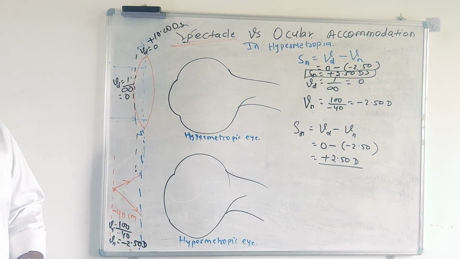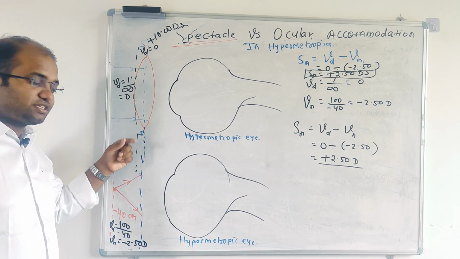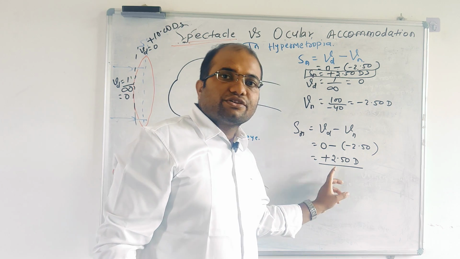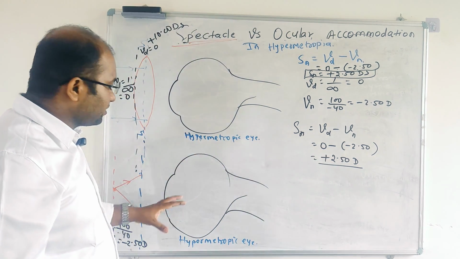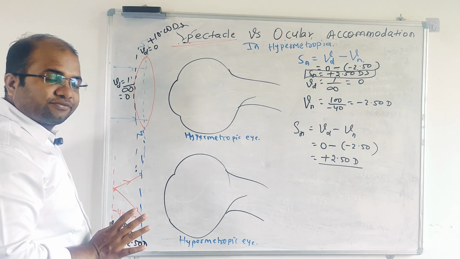So spectacle accommodation, because there is a change in vergence between when the eye is focused for distance and when the eye is focused for near, the change in vergence is 2.5 diopter. So this same diopter of accommodation is required to make the light focus on the retina.